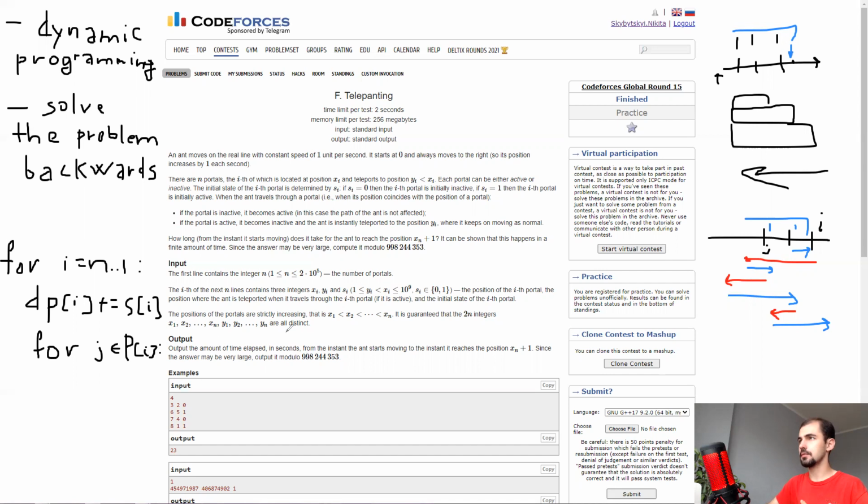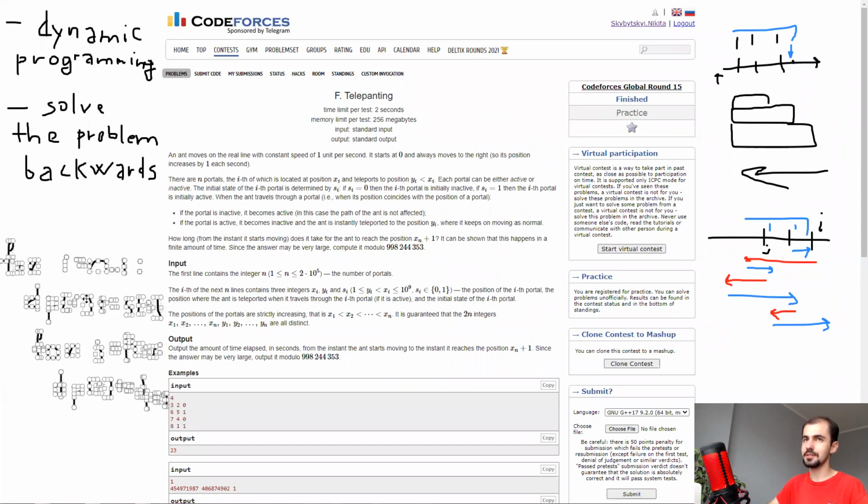For all j, every time that i's portal gets used means that all portals j also get used once. So we should say that dp of j gets incremented by dp of i. Right?